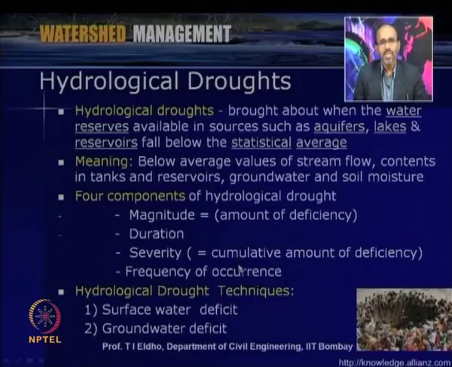And then the frequency of occurrence, whether it occurs every year or once in 10 years. That way we can ascertain the hydrological droughts, which we can classify into surface water deficit and groundwater deficit.